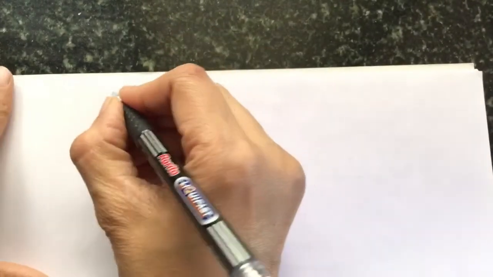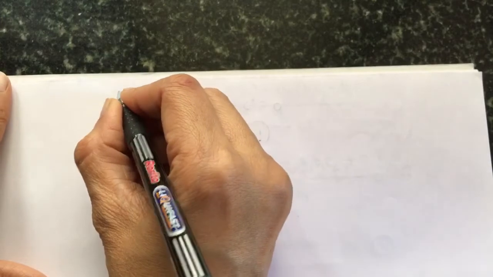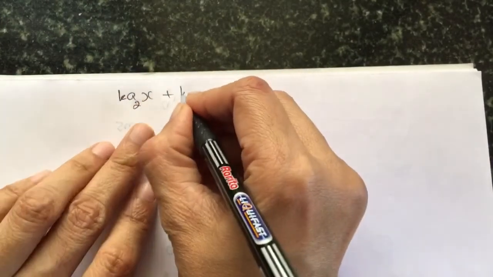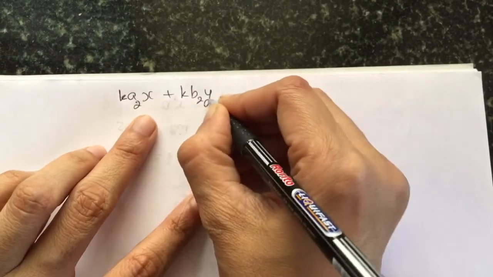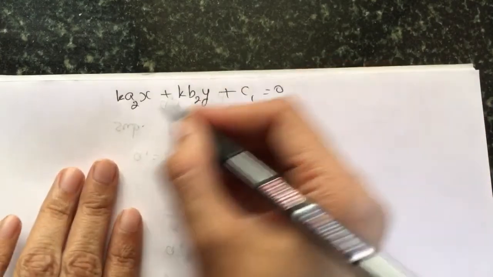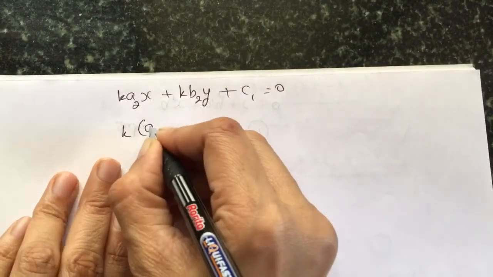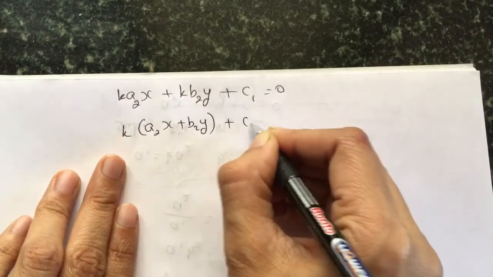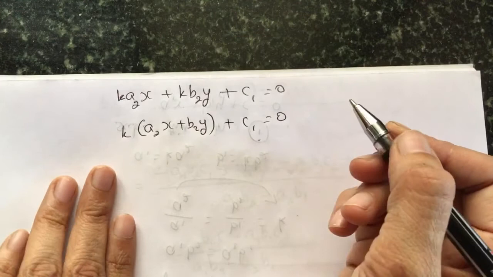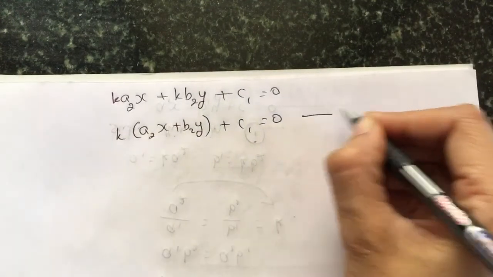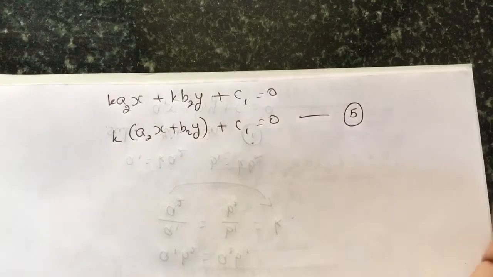Let us see what will happen. KA2x plus KB2y plus C1 equal to 0. That means K into A2x plus B2y plus C1 equal to 0. So I'll call this equation 4.